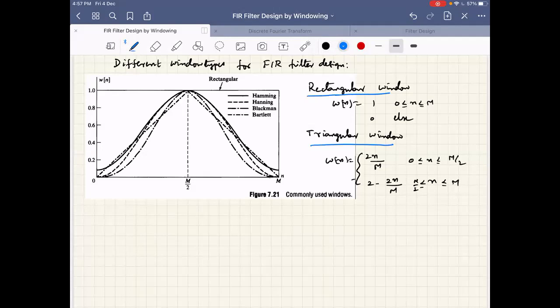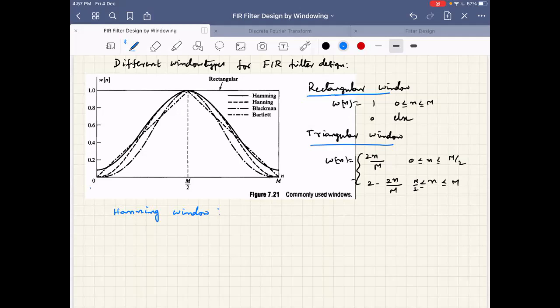The other well-known windows are the Hamming window and the Hanning window. As you can see, these windows are motivated to taper off smoothly the impulse response coefficients.